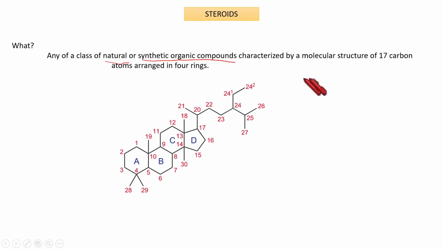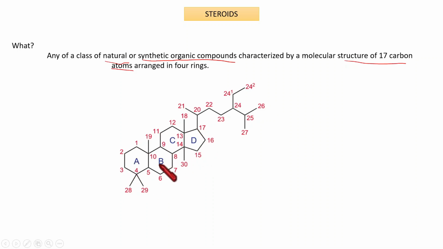We can characterize it by its unique molecular structure of 17 carbon atoms. We can see that in this picture. So, it has such a configuration, such a molecular structure of 17 carbon atoms.